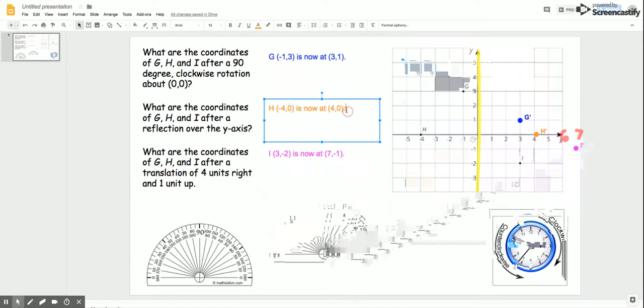So let's go ahead and look at G. Let's reflect G, and G is blue. Let's reflect G over the x-axis, and G is originally at (-1, 3).